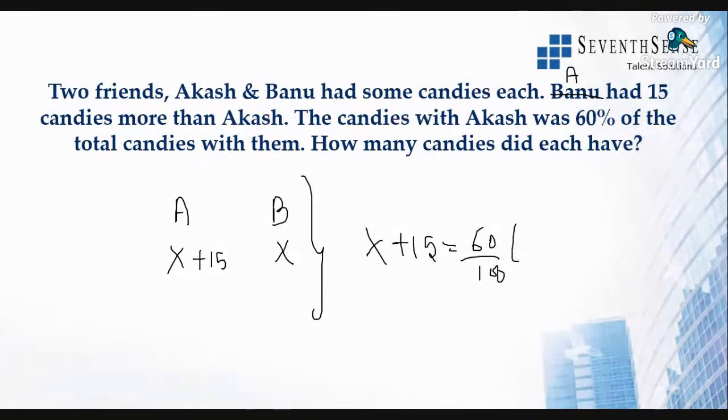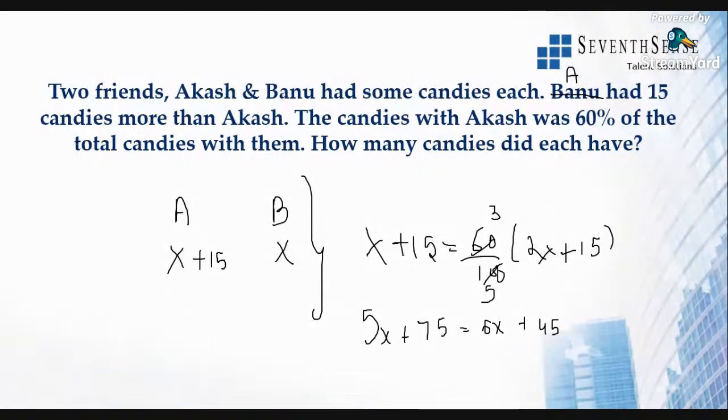The total will become 2x plus 15. So this becomes 20 into 3 times, 20 into 5 times, then 5x plus 75 is equal to 3 into 2 is 6x plus 45. So 6x minus 5x, x, is equal to 75 minus 45, which is 30. So we'll get to know Banu.